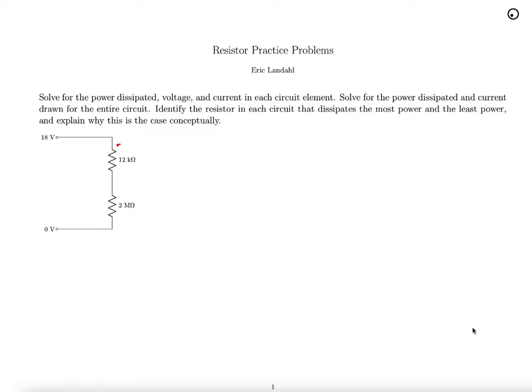It's a 12K and a 2 mega ohm resistor in series with a 18 volt power supply. So we're going to begin by turning this problem into a single equivalent resistor. So here's our equivalent from 18 volts to 0 volts.